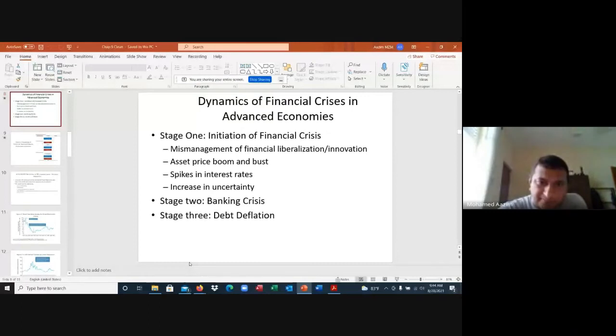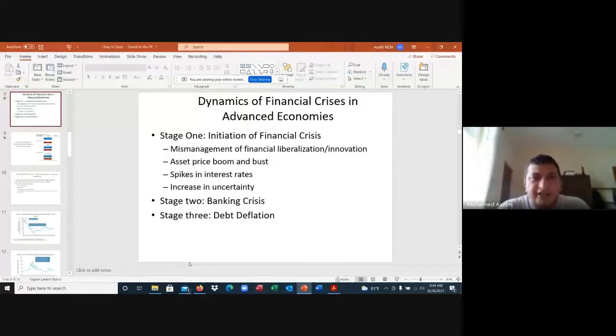But then with the reversal, everything started collapsing. So we'll get to that and explain when we look at the CDOs. But at the first stage of this financial crisis in advanced economies, we have seen financial liberalization and innovation being mismanaged.